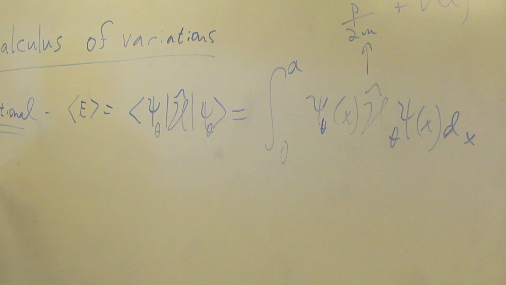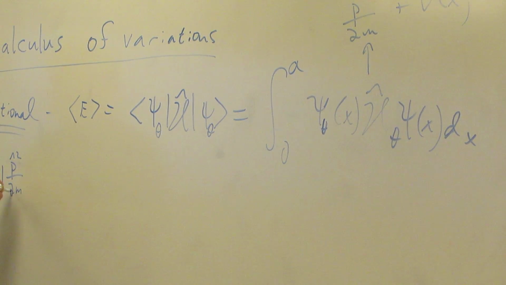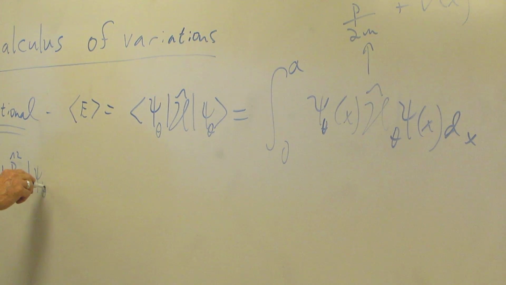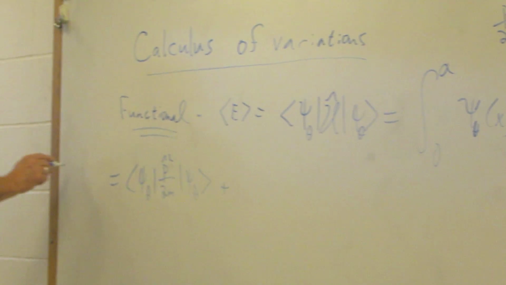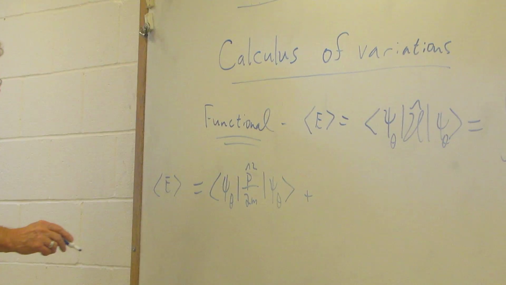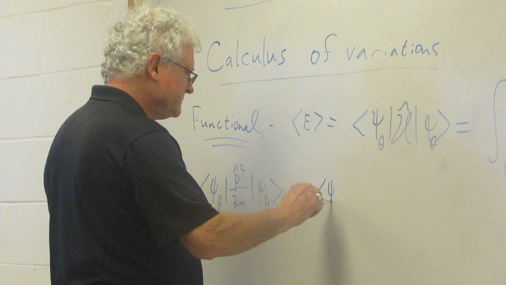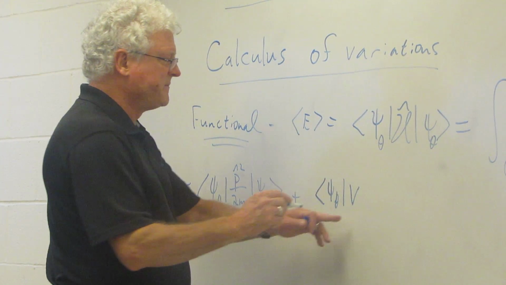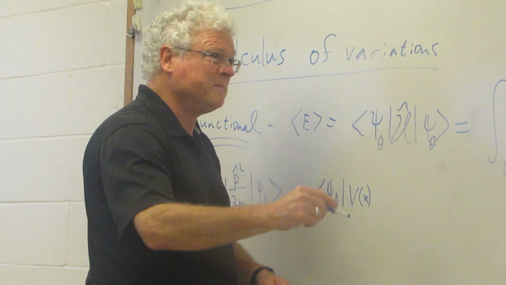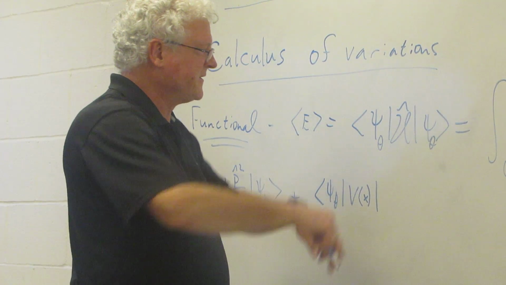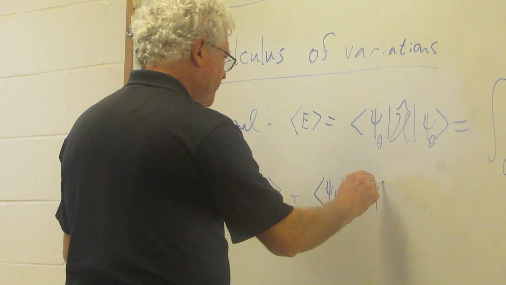We have psi theta, the p squared over 2m term, that's the kinetic energy part, psi theta, plus, so this is the energy expectation value we're trying to compute, plus, and I'm being a little bit sloppy by writing it this way, but I'm just going to put it in there. That'll be the extra term, the extra potential, not the box part of it, but just this part right here, that I want to put in.